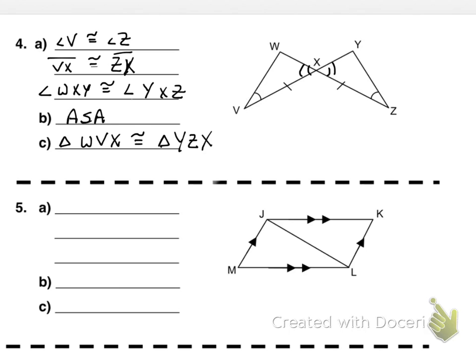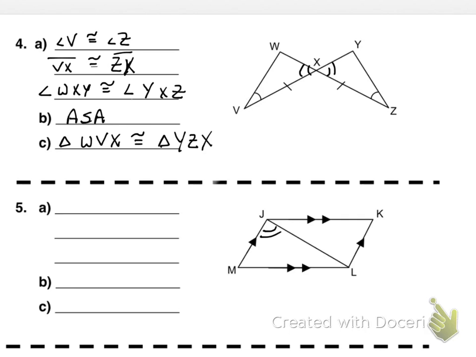Now I feel better about this picture than some of the others because we definitely have the signal that these are parallel lines. We know that JK is parallel to ML and JM is parallel to LK. And that tells us a lot as far as angles go. Again, we know alternate interior angles are congruent.